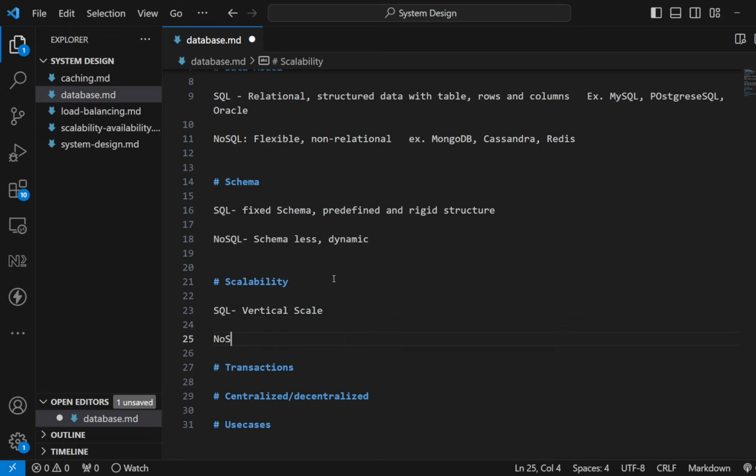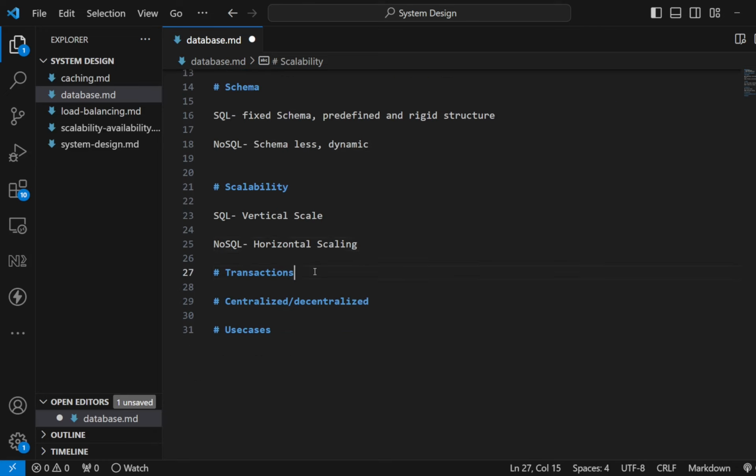And in case of NoSQL, it is horizontally scaled. Means we distribute data across multiple servers in case of NoSQL. So NoSQL is horizontally scalable, like adding more servers.